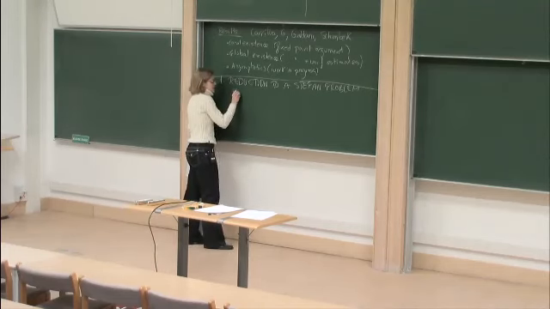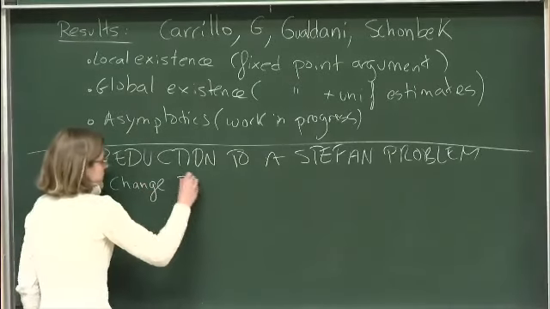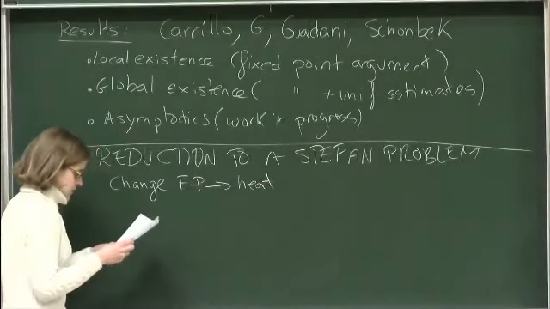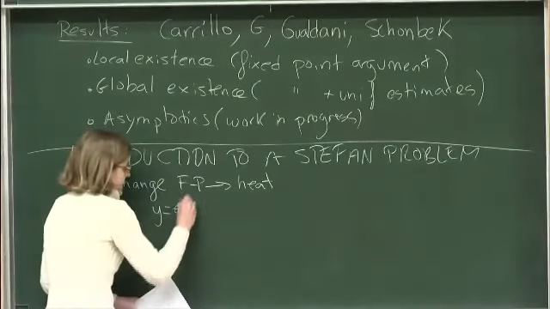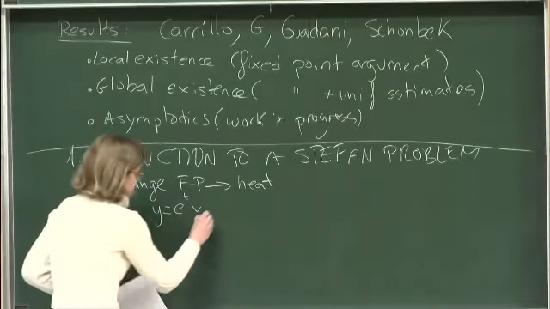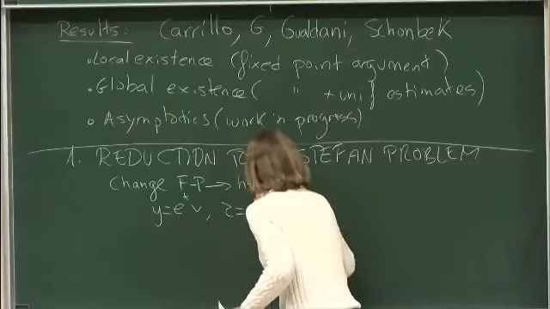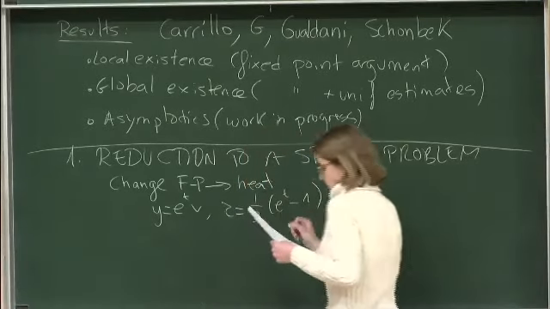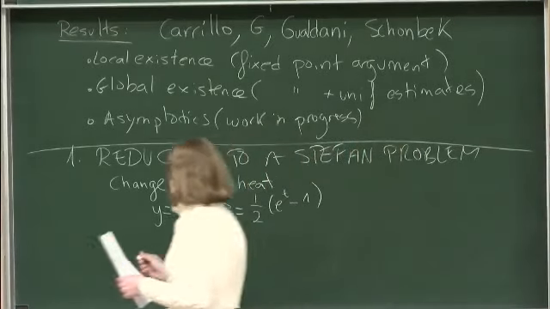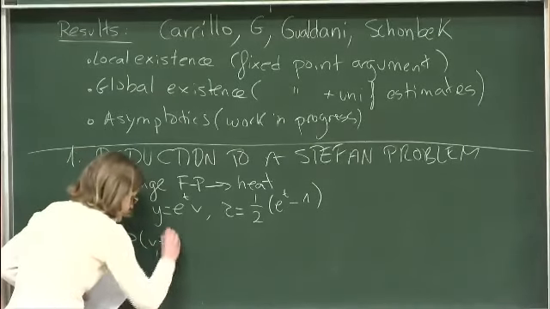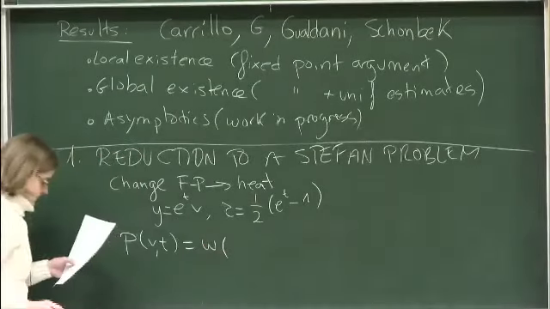At least let's change the Fokker-Planck equation to a heat equation by the standard change of variables, y equals e to the t v, and tau equals 1/2 (e to the 2t minus 1), and consider our solution changing from P to W.